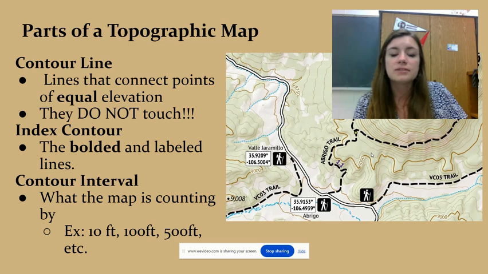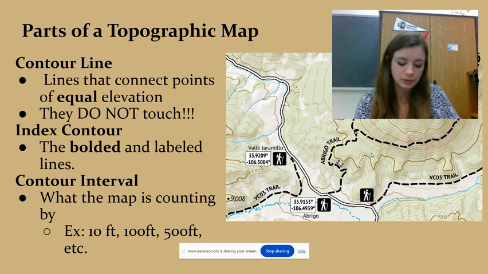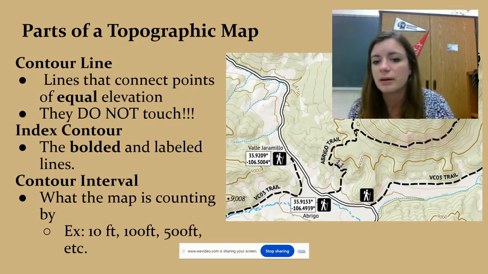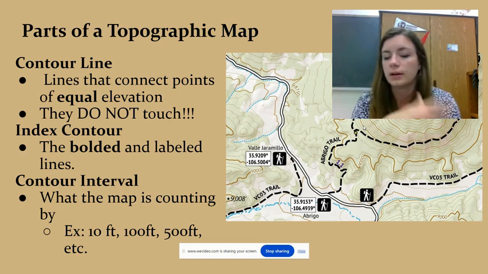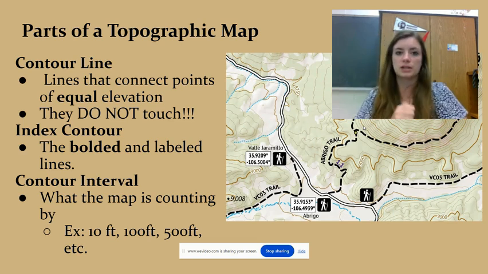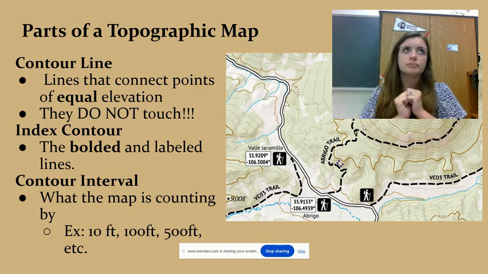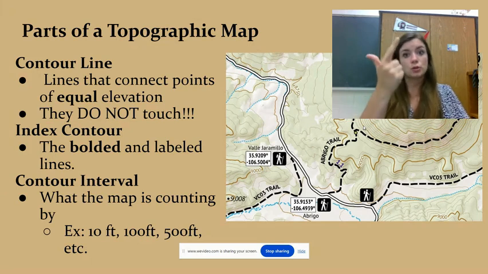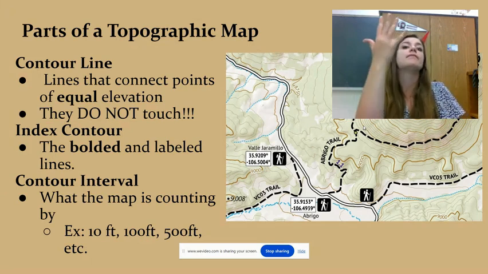9,250. So I have to figure out what our contour interval is, and I'm going to do that by trying to figure out what these lines are counting by. All right, so I know that these are about 5 apart. Here's line 1, 2, 3, 4, and then include the next contour line in your counting, 5. Just like if you're counting to 50 by tens, 10, 20, 30, 40, 50, right?